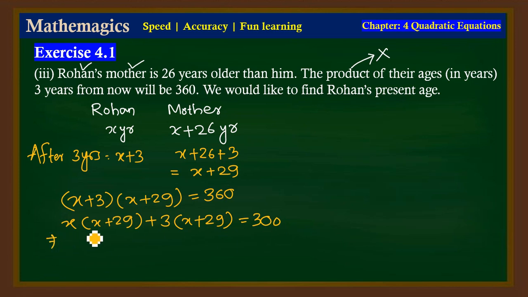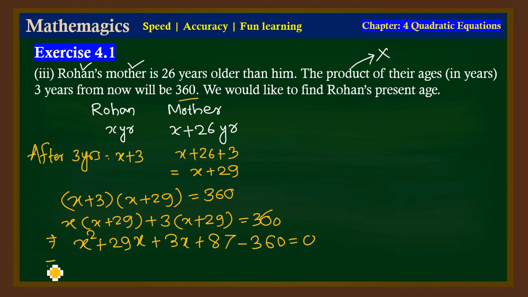Implies that x into x becomes x square, 29 into x becomes 29x, plus 3 into x becomes 3x, plus 3 into 29, 87. And this 360 is given. So 360 I am taking to the LHS, that will become minus 360 is equal to 0.